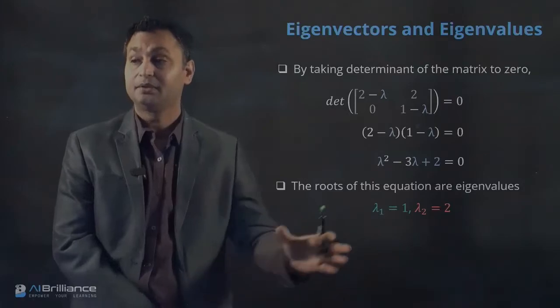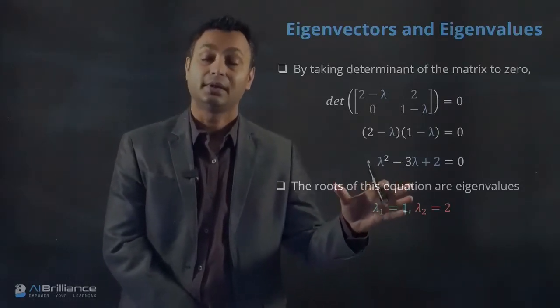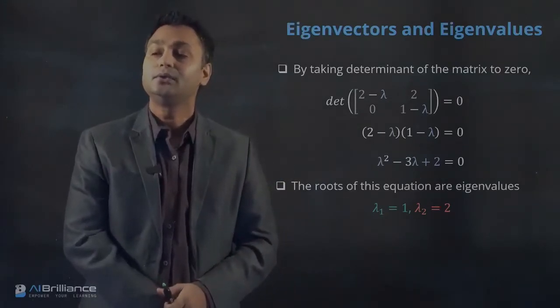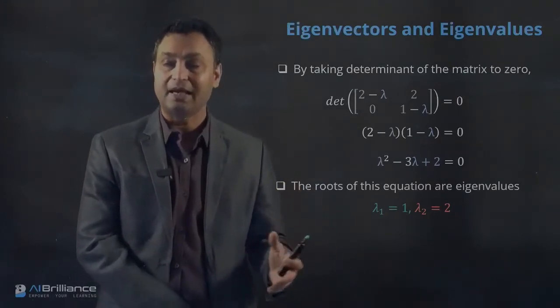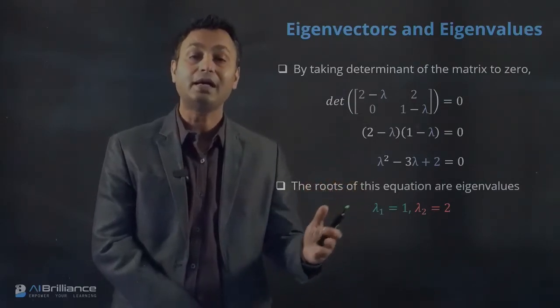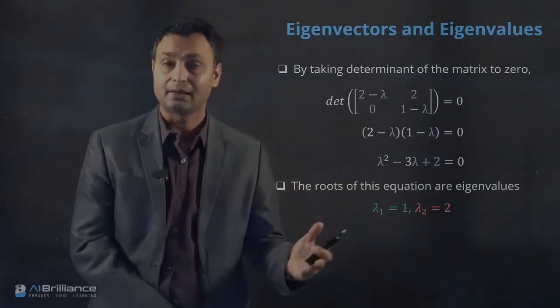Now, as I mentioned, this was step 1: we found the eigenvalues. Now let's take these eigenvalues and reuse the information that we previously had in the vector equation form, and find the corresponding eigenvectors.